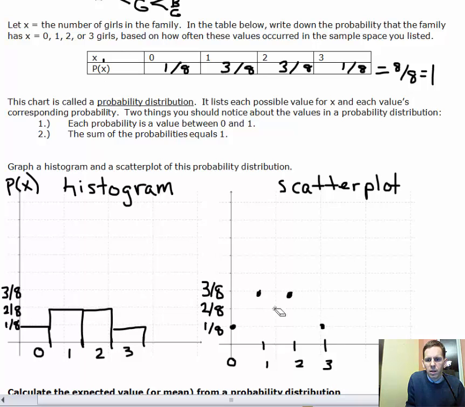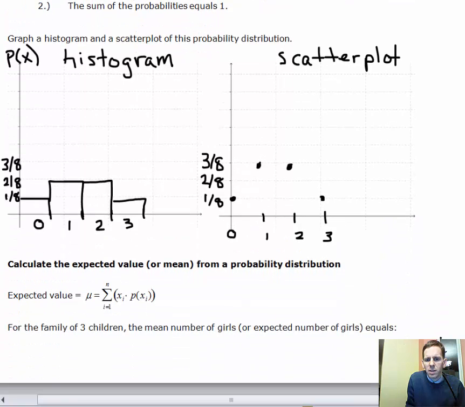The last thing we're going to look at is what's called the expected value or mean of a probability distribution. In this case, we have this formula, which looks very difficult, but it's actually pretty easy to work with. For a family of 3 children, the mean number of girls or expected number of girls equals, well, we're going to use this formula here. What this formula says is the expected value is equal to the Greek letter mu, which starts with the same letter as the word mean.